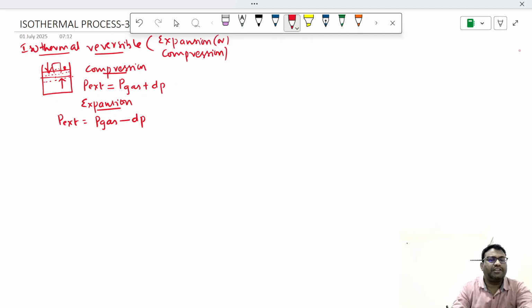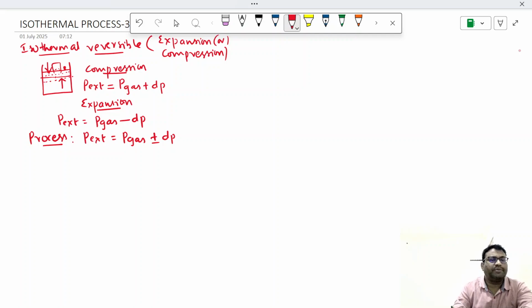This represents that the pressure exerted by the gas is greater than the external pressure. Overall, whether it is expansion or compression, we can write that P external is equal to the pressure of the gas plus or minus dP. Plus dP represents compression, minus dP represents expansion.